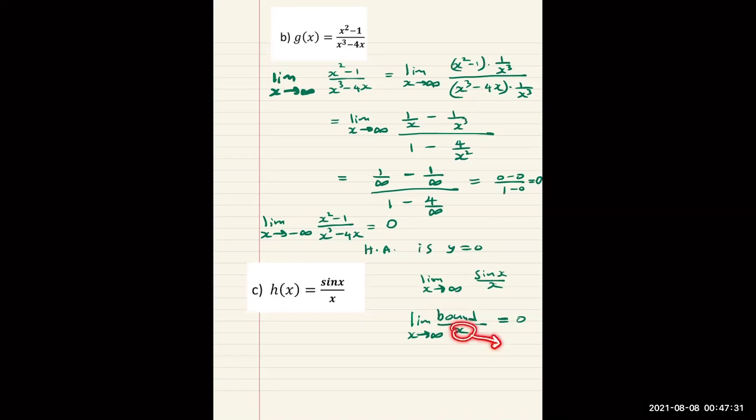It goes to infinity, so the limit would be 0. So the horizontal asymptote is y equals 0. Something bounded in the numerator.